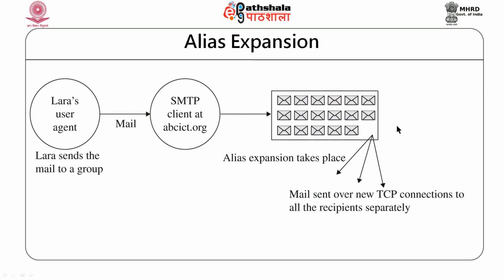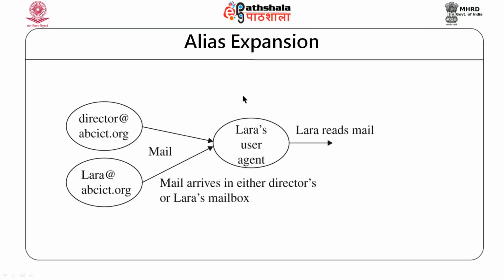It will generate multiple TCP connections, and each member is communicated with directly through a new TCP connection. Mail is sent over a new TCP connection to each and every member separately. So, if there are 100 members, this SMTP client in a single shot generates 100 TCP connections and sends a copy of the mail on every individual connection separately.